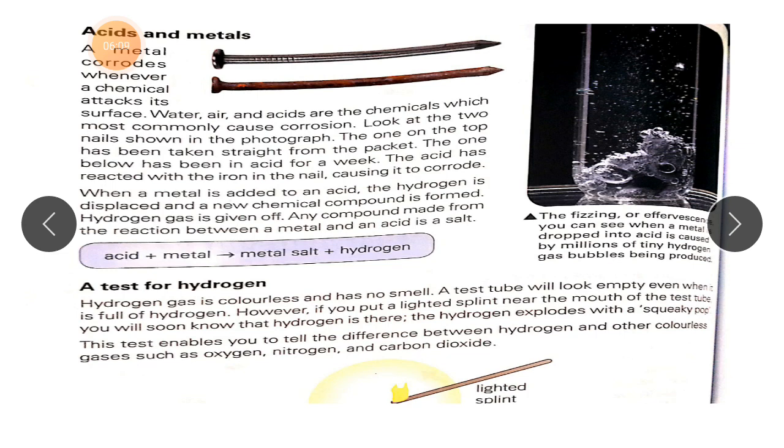Sodium and potassium react violently, giving off lots of hydrogen gas and forming alkalis because they are very reactive metals. And when magnesium is added into water, it reacts slowly. But when we add it into steam, it reacts violently. And metals that are unreactive do not react with water.